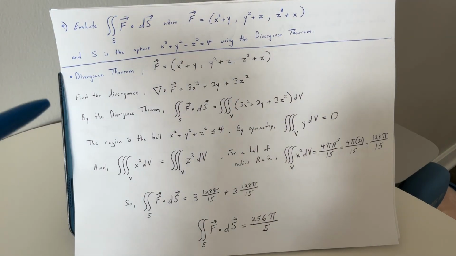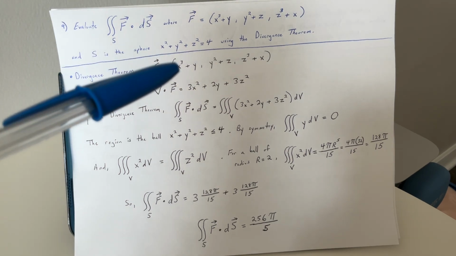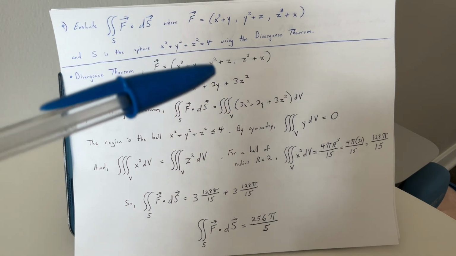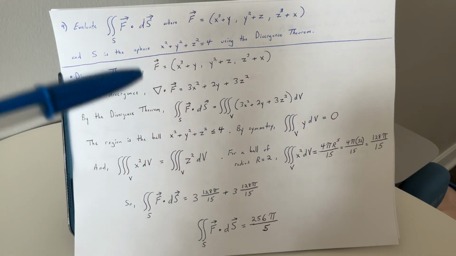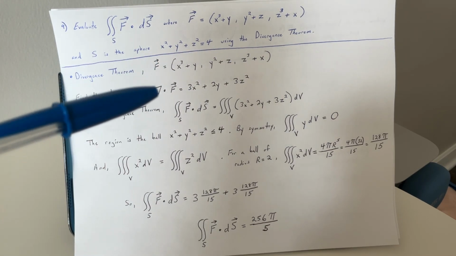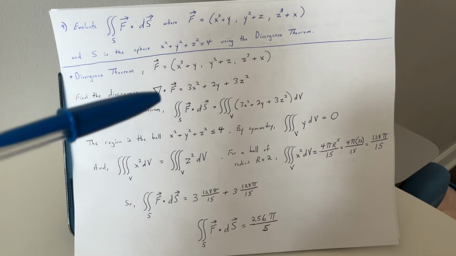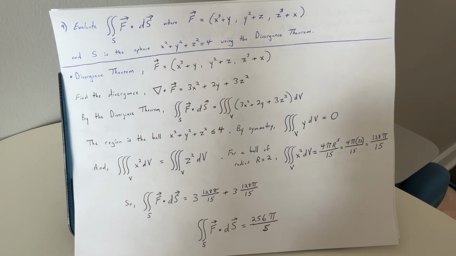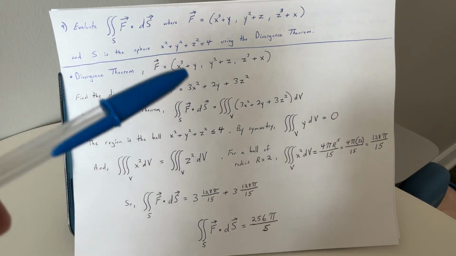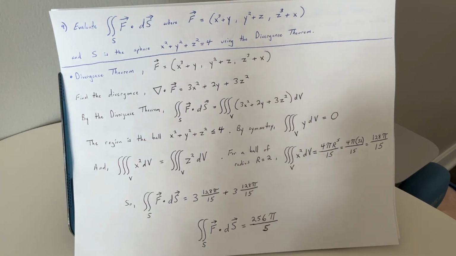Okay, so this is a divergence theorem problem. So this F equals x cubed plus y, y squared plus z, z cubed plus x. Finding the divergence with del dotted with that F, 3x squared plus 2y plus 3z squared.